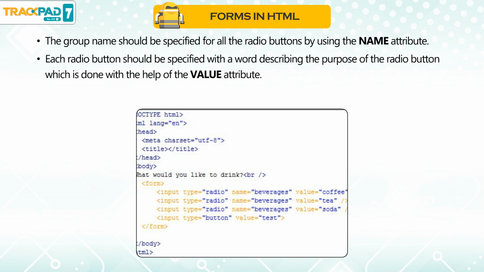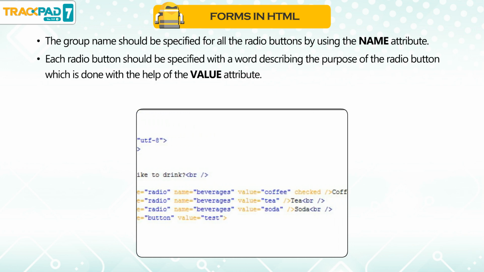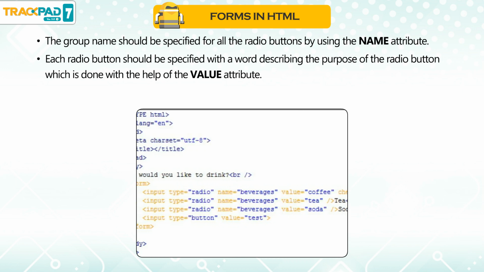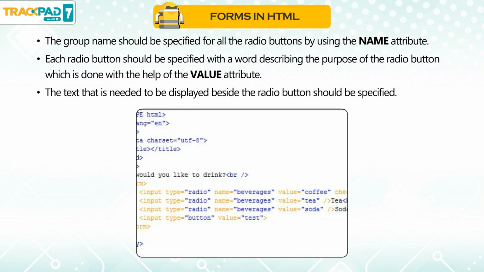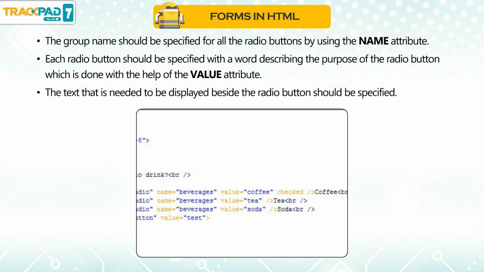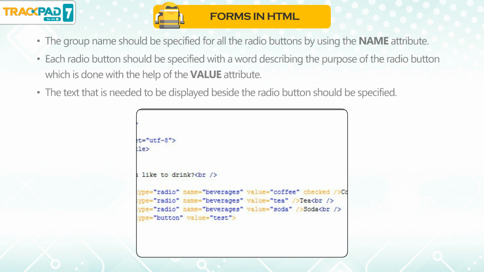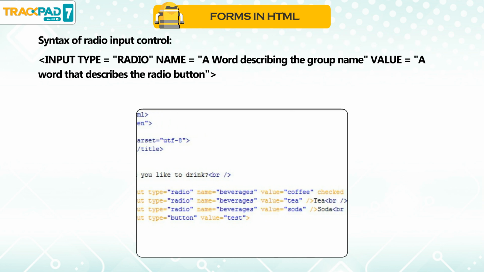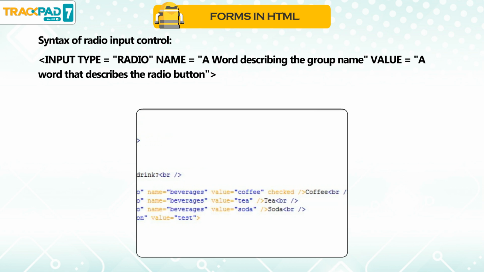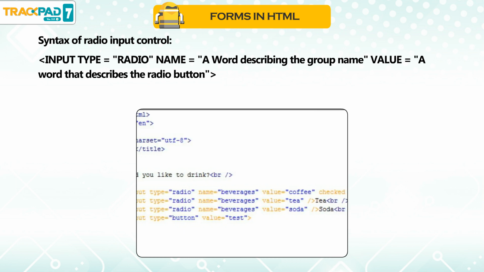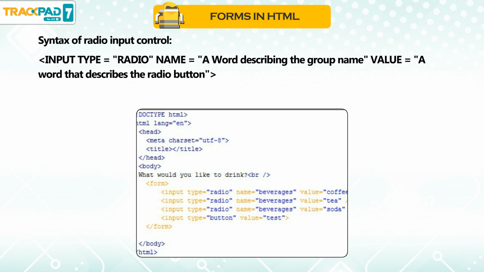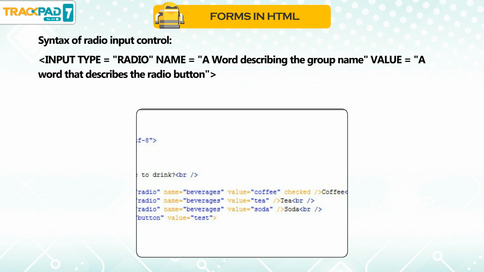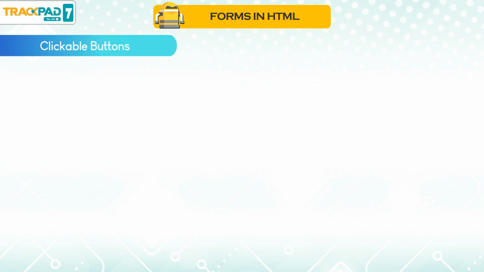Each radio button should be specified with a word describing the purpose of the radio button, which is done with the help of the value attribute. The text that needs to be displayed beside the radio button should be specified. Syntax of radio input control. Input type equals double quotes radio. Name equals double quotes, a word describing the group name. Value equals double quotes, a word that describes the radio button.